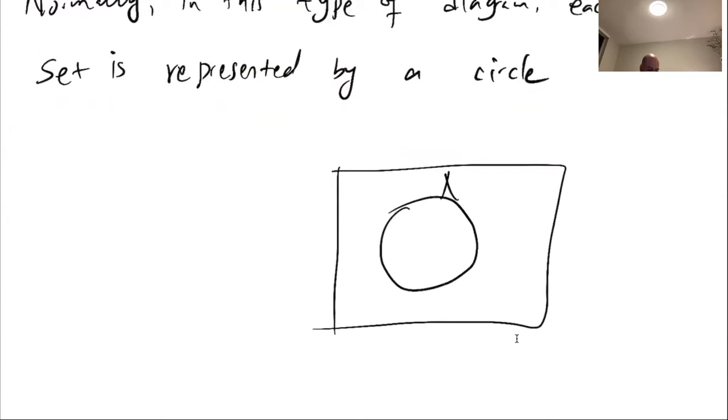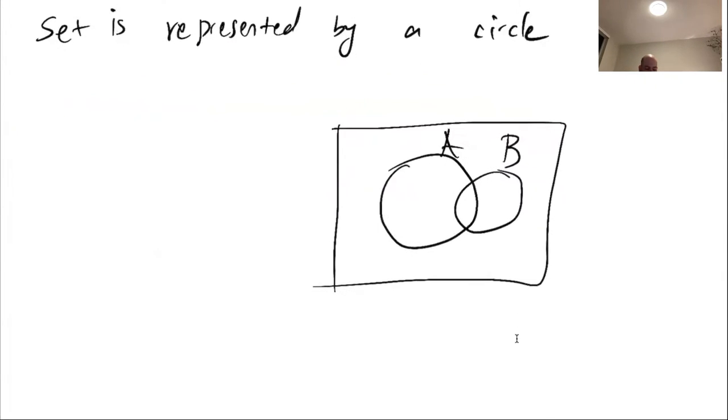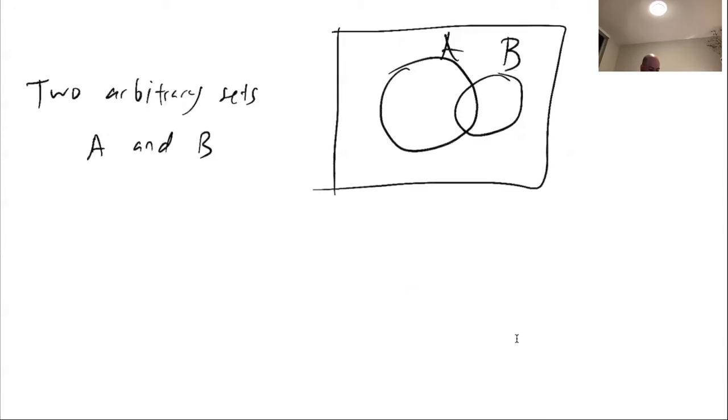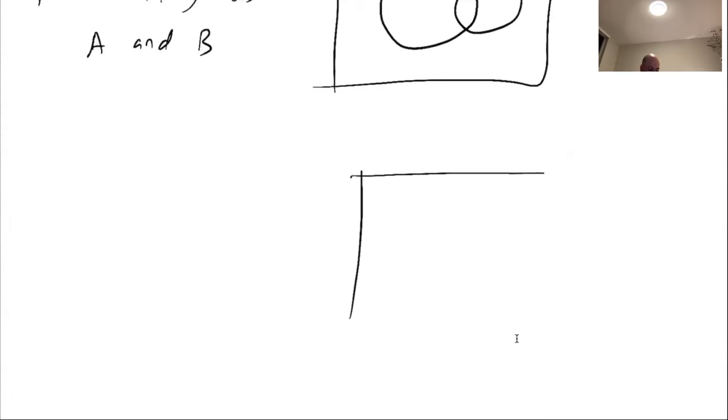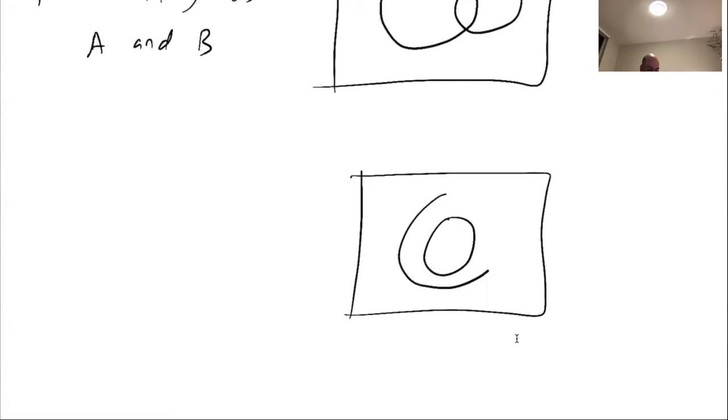So let's say this is A and this is set B, right? In general, if you have two sets A and B, then we can denote them using a Venn diagram this way. So these are two arbitrary sets A and B. But let's say you know that A is a subset of B already.